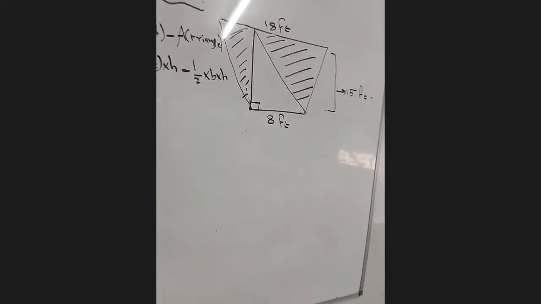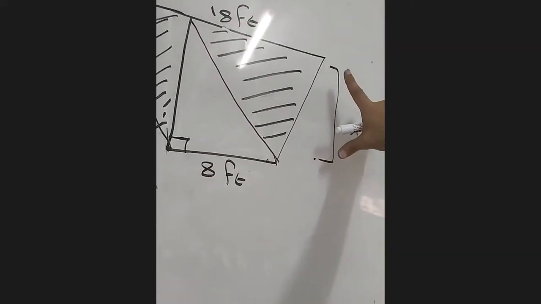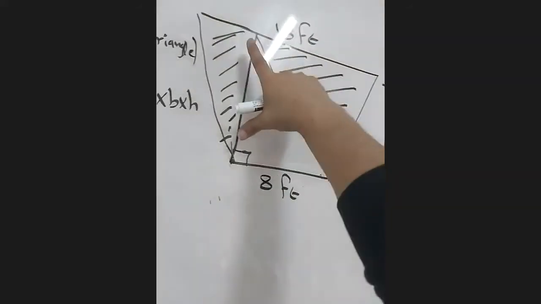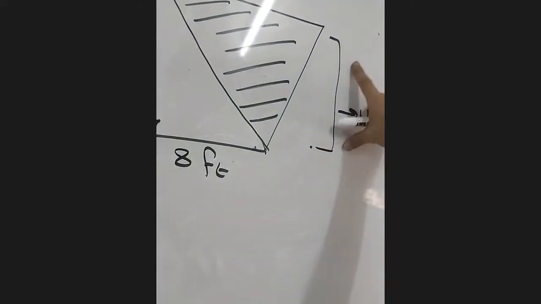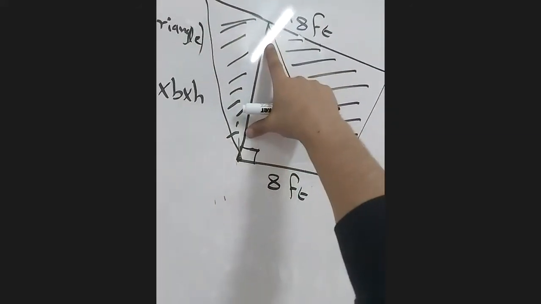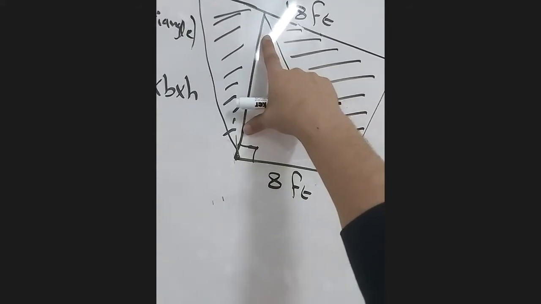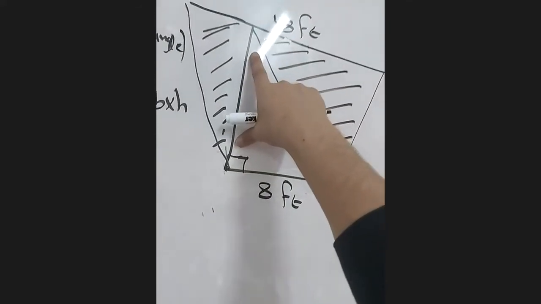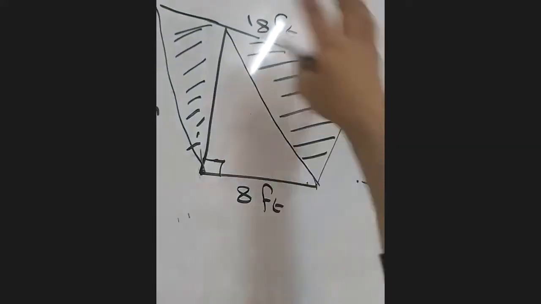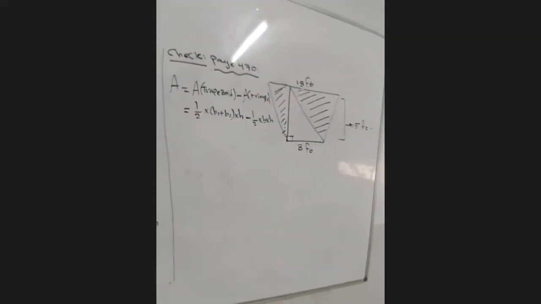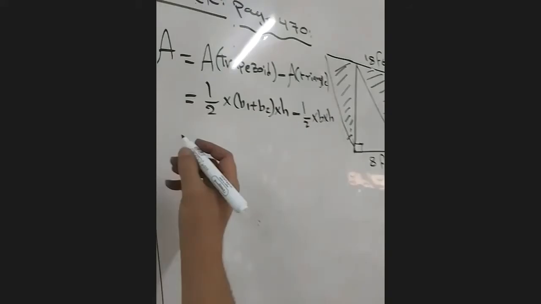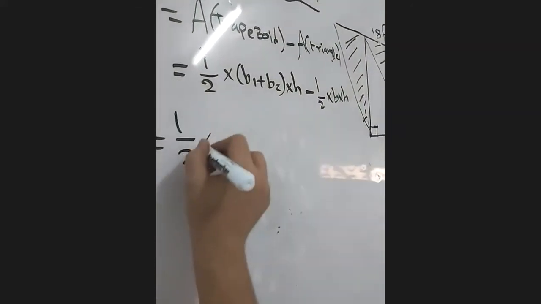Notice that, guys, this distance is this one, the height of the triangle. At the same time, it is the height of the trapezoid, right? So let's replace: equals half, multiply.